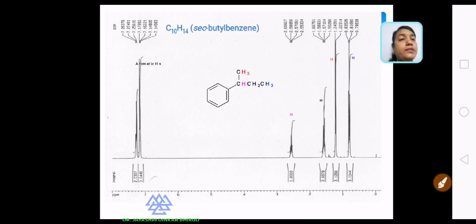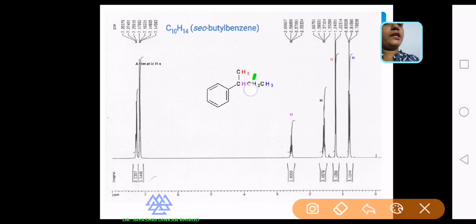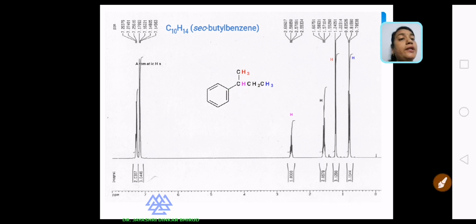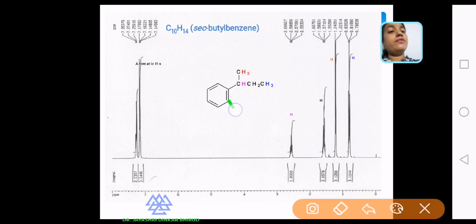Another signal for the CH2 group, next one signal for the CH, and in the aromatic compound the signals are also given by the hydrogen atoms present on the carbon atoms. So 5 hydrogens are present in this aromatic ring.